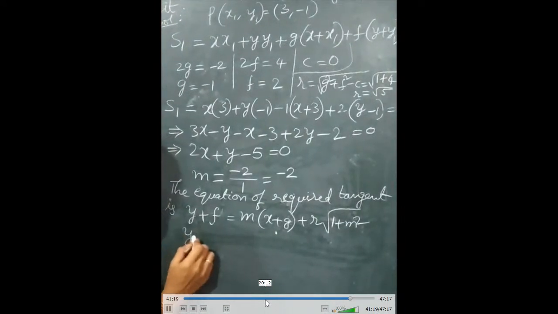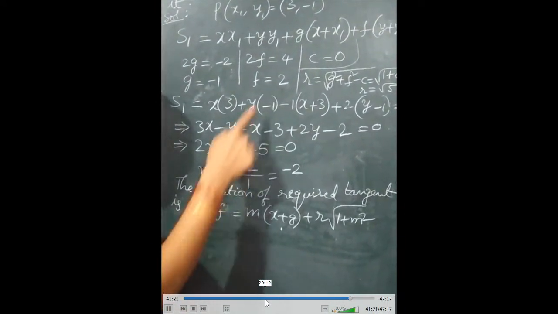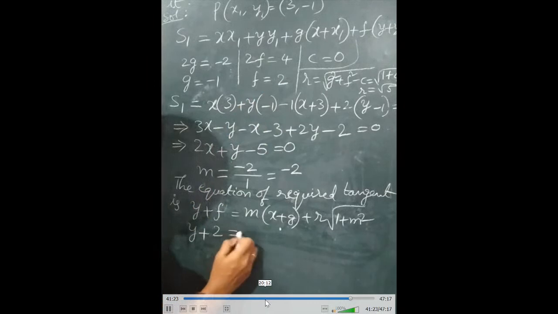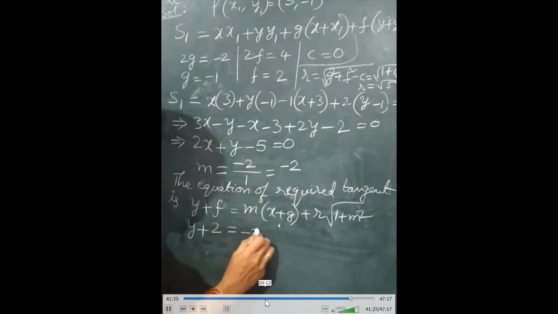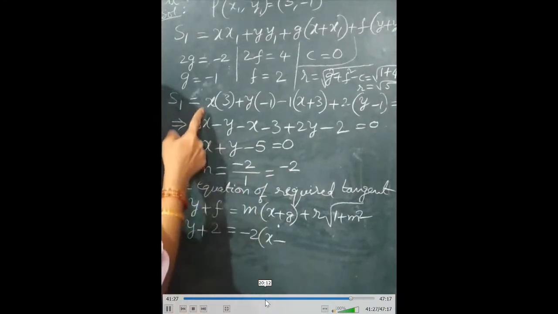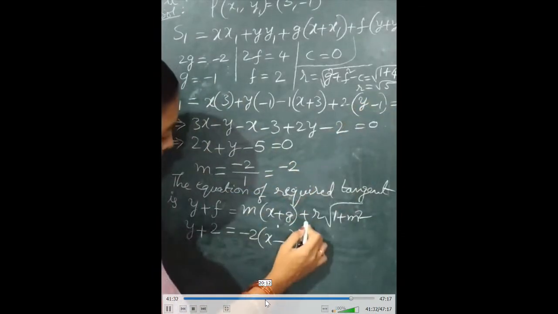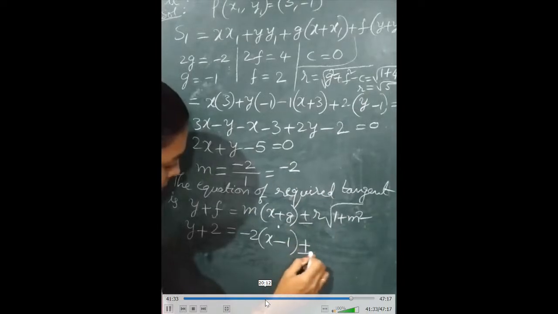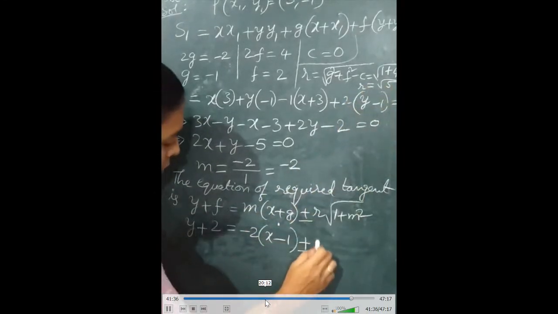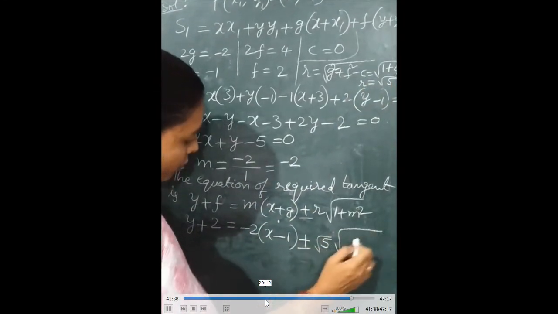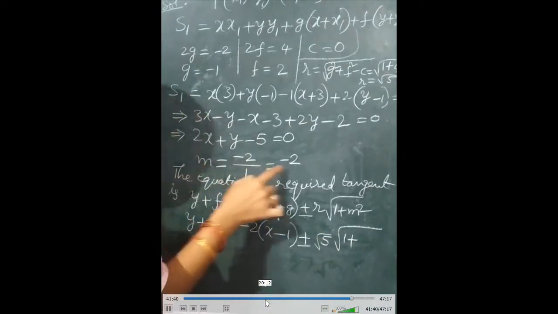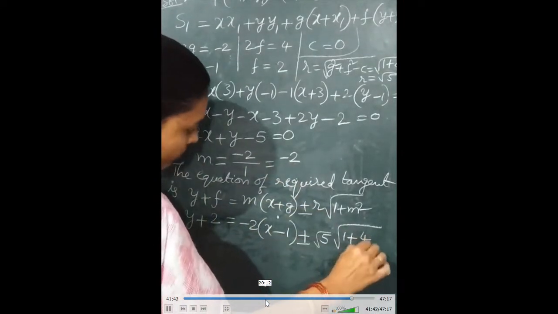So substitute these values. Y plus f, y plus 2 is equal to m, m means minus 2, x plus g, g means minus 1, plus or minus r, root 5, into root over 1 plus m square, minus 2 whole square plus 4.